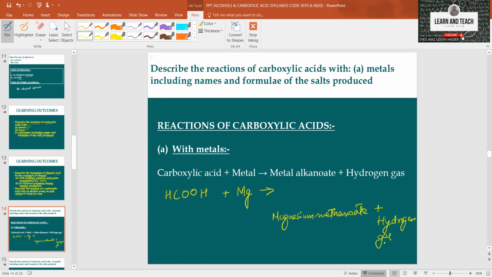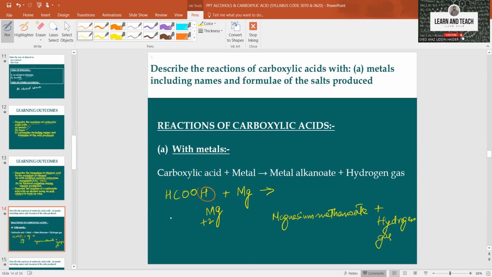Now, magnesium methanoate, you have to predict the formula of magnesium methanoate. Magnesium belongs to group 2, so the valency for magnesium will be +2. What about the methanoate ion? For the methanoate ion, remember one thing, simply remove hydrogen. For any carboxylic acid you are taking, simply remove the hydrogen because in acid, it will dissociate to produce H+ ion in the solution.